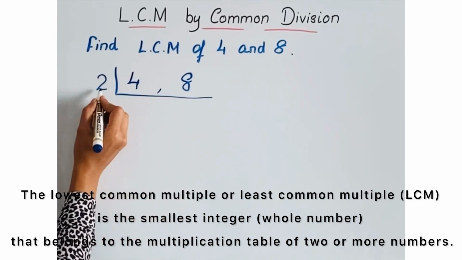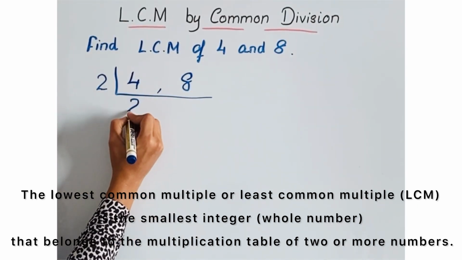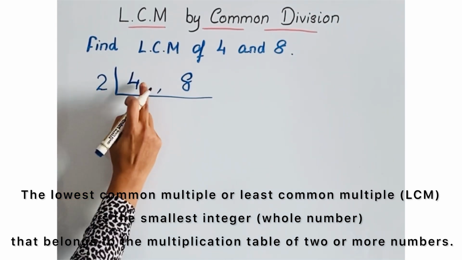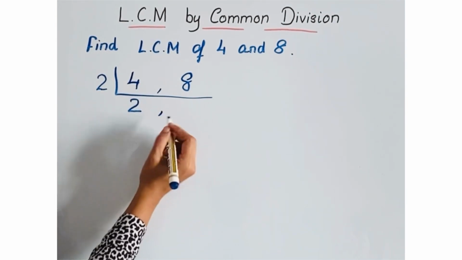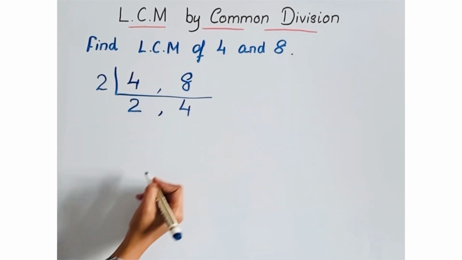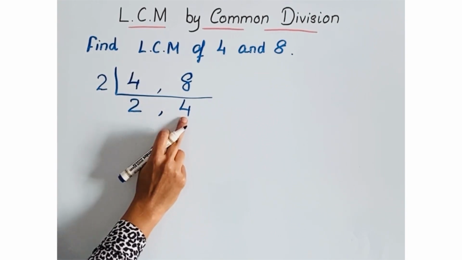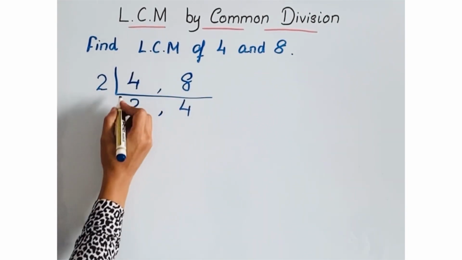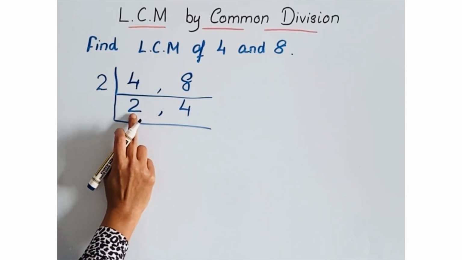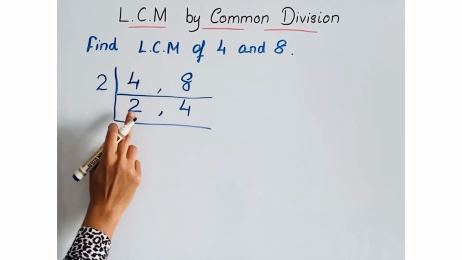So 4 if you divide by 2, the quotient will be 2, which means that 2 multiplied by 2 is 4. And 8 if you divide by 2, the quotient will be 4. 2 multiplied by 4, it's 8. Then again you have to check the common factor of these two numbers to divide it.